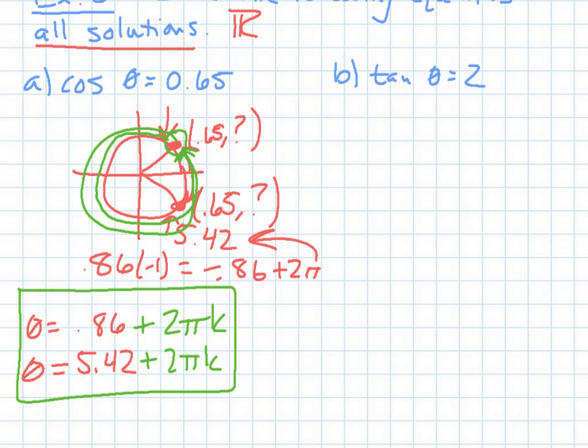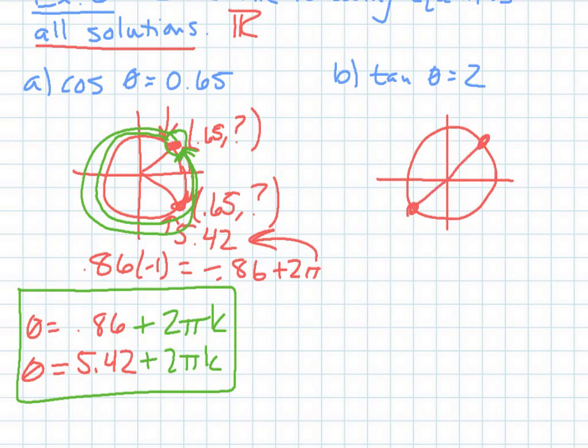Okay? Now for tangent, this one's a little different. If I have tangent of 2, you can't really represent that in the same way on the unit circle. Okay? If I got 2, I know it's positive, so it's got to be in the first quadrant or the second quadrant.